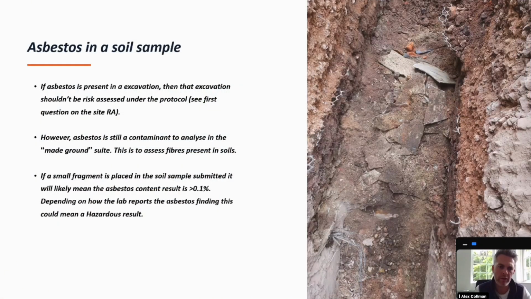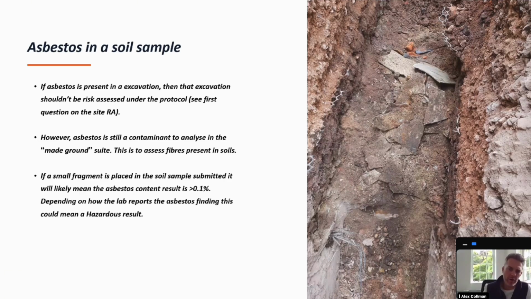Now I know that asbestos or asbestos fragments being present in an excavation excludes it from a risk assessment process. However, it's still worth mentioning that asbestos is one of the contaminants that is required to be assessed within the made ground suite of analysis.